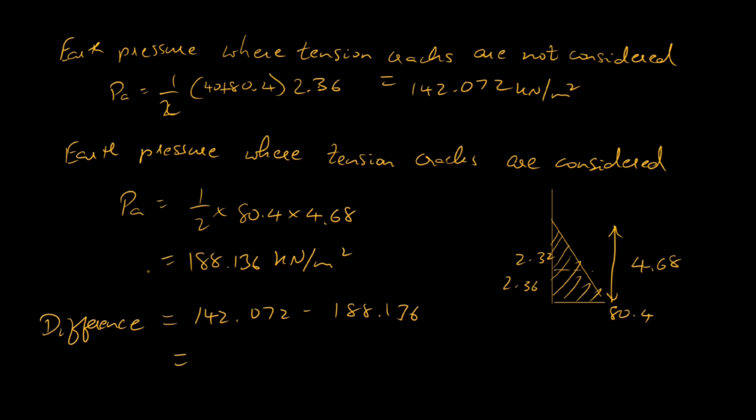So if you calculate 142.072 minus 188.136, we will get minus 46.064 kilonewton per meter square.